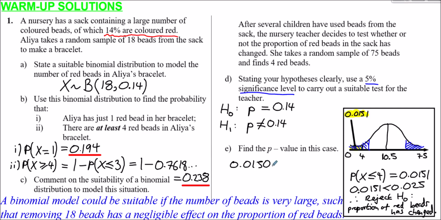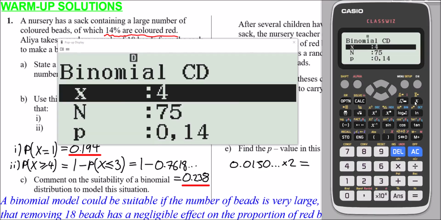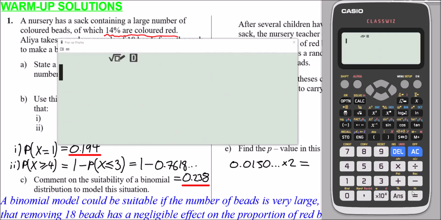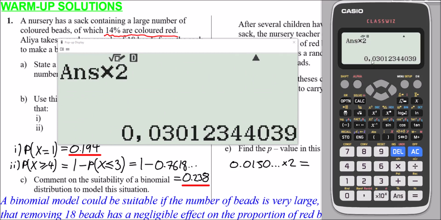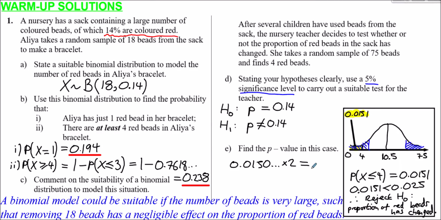0.0150 multiplied by 2. So that's the answer. Go back to normal calculator mode. So my answer multiplied by 2 is 0.0301. So I'm going to write this down, and that's essentially my answer. So 0.0301.